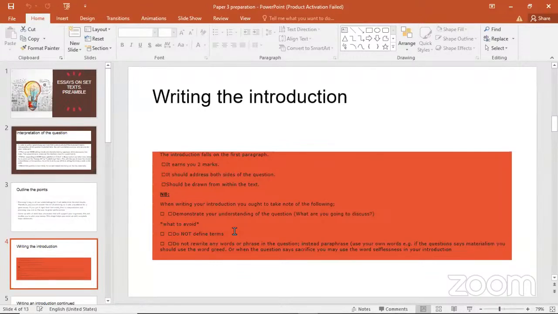You don't define terms. But remember, you need to show the understanding of the question. The other thing you don't do is rewrite any words or phrases in the question. Instead, paraphrase, that is, use your own words. For example, if the question says materialism, you can use the word greed.